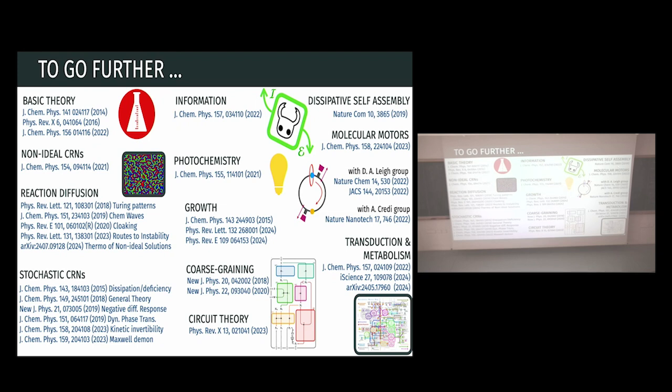We worked with some of us, not me, I'm not good enough to do that, with experimentalists to understand specific molecular motors they designed. We worked on the transduction, as I was mentioning before, in metabolism, the two examples I was mentioning. We have works in understanding how to simplify a very complicated network where we cannot track down all the elementary reactions, and also something about the processing of information in chemical reaction networks.